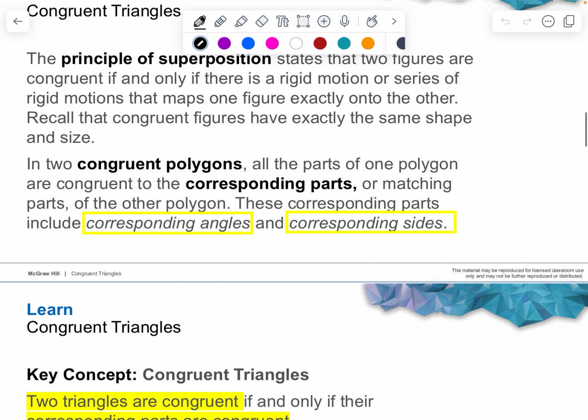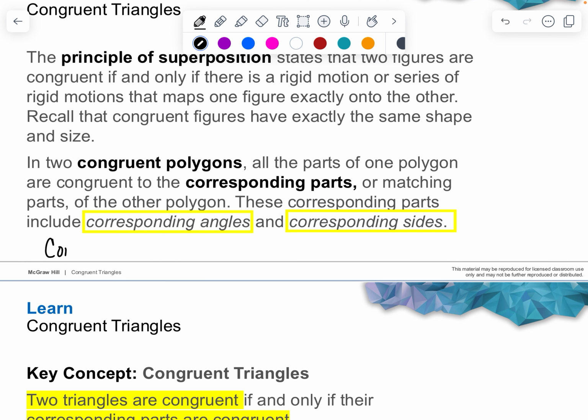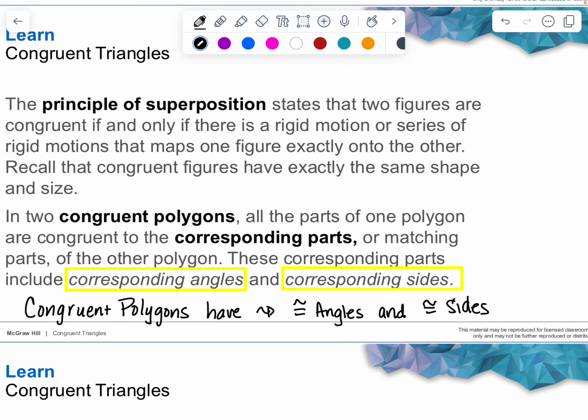So what you need to know is that congruent polygons have congruent angles and congruent sides. Okay?